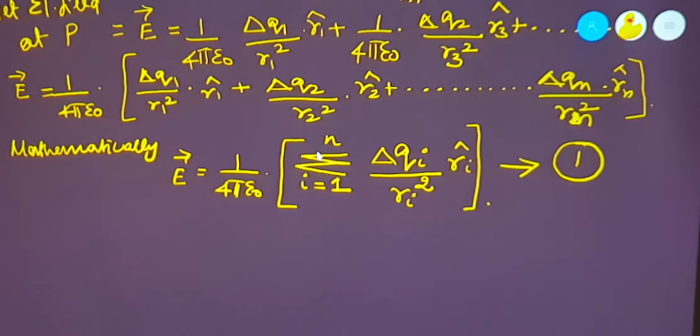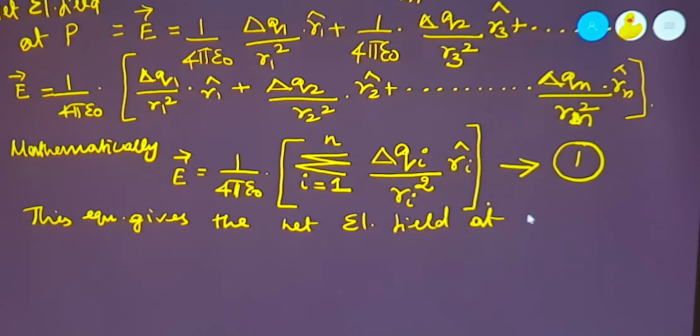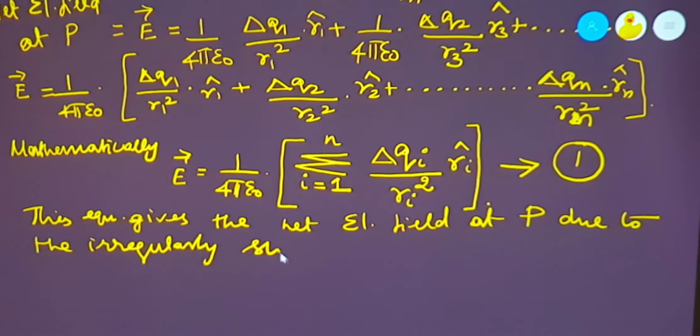This equation gives you the net electrical field at the point P due to the irregularly shaped object. See, this equation denotes the net electrical field at the point P due to the irregularly shaped object.